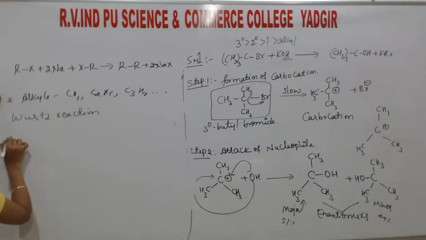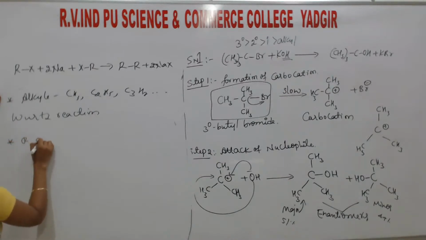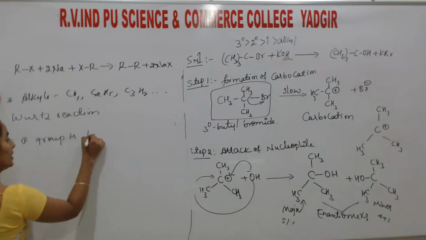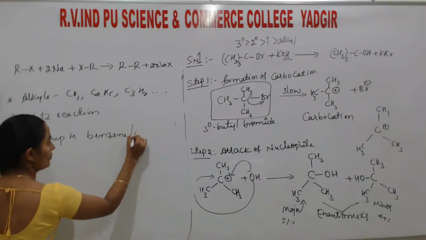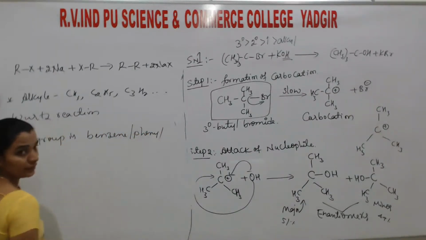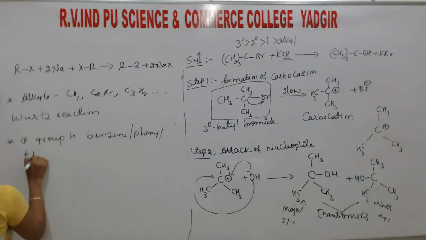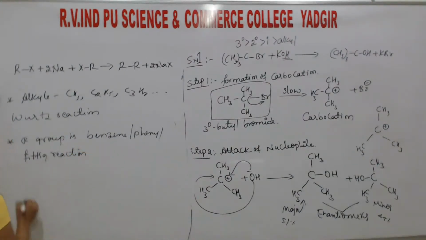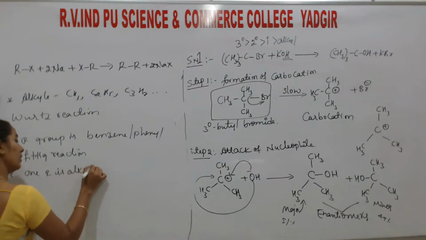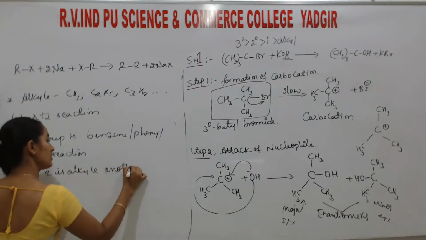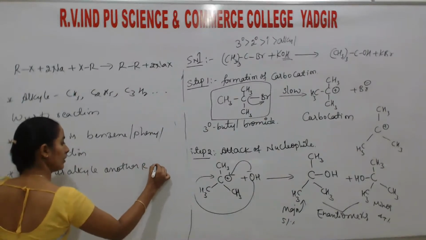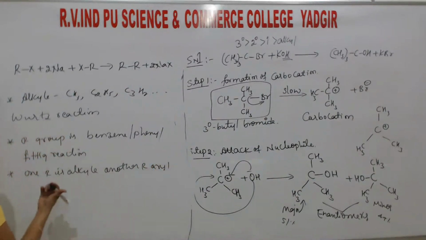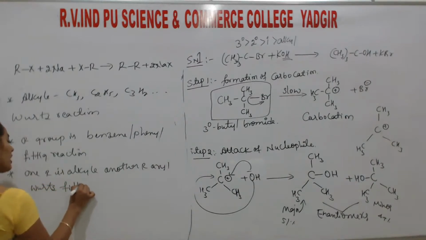If R group is benzene or phenyl, then it is the Fittig reaction. Next, if one R is alkyl and another R is aryl, meaning benzene, then it is the Wurtz-Fittig reaction.